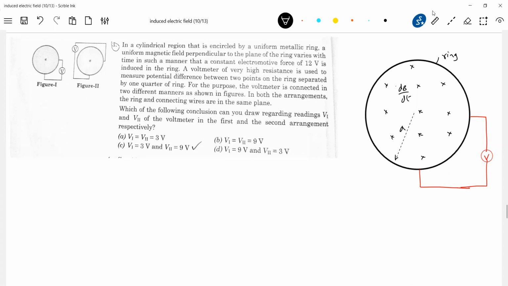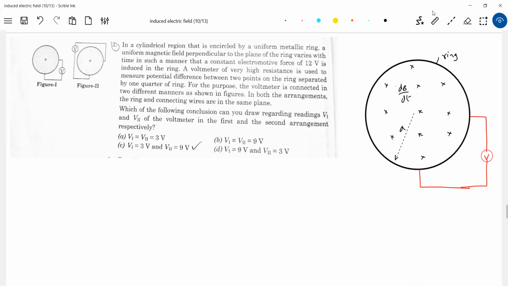And there's a conducting wire, so the induced electric field will also be present here. This will make the charges flow here also. So the effect of the induced electric field is not only on the ring, it is also on these connecting wires. Therefore the flow of charge here depends on the induced electric field.